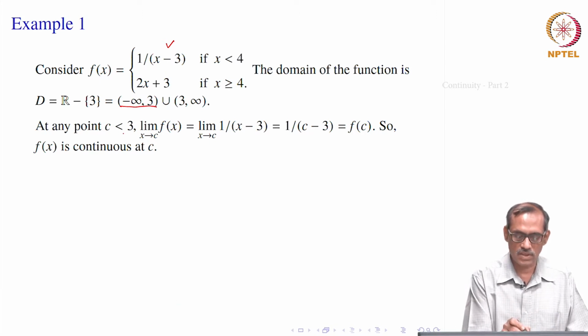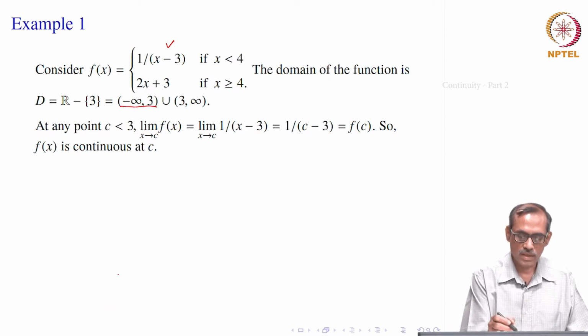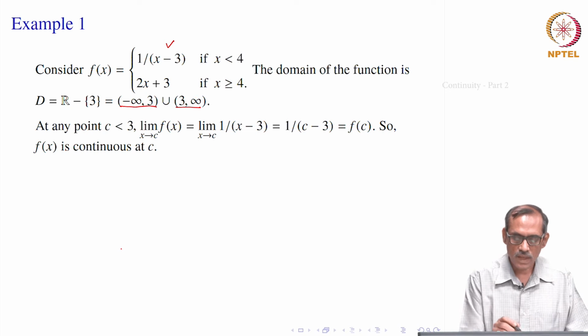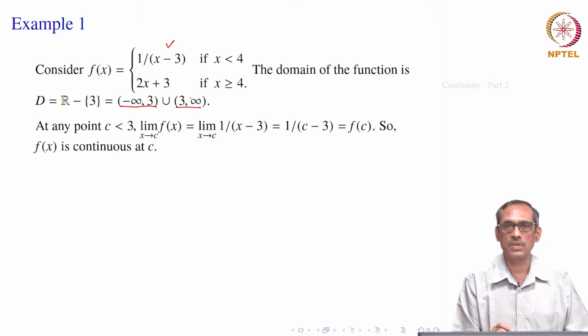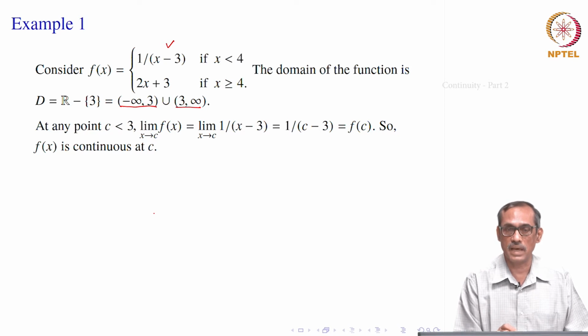Now, 3 is a right end point here in the interval minus infinity to 3. But there is also a right neighborhood there, because the other condition says 3 to infinity. So, on both sides, if you take a deleted neighborhood of 3, that is contained inside this domain.